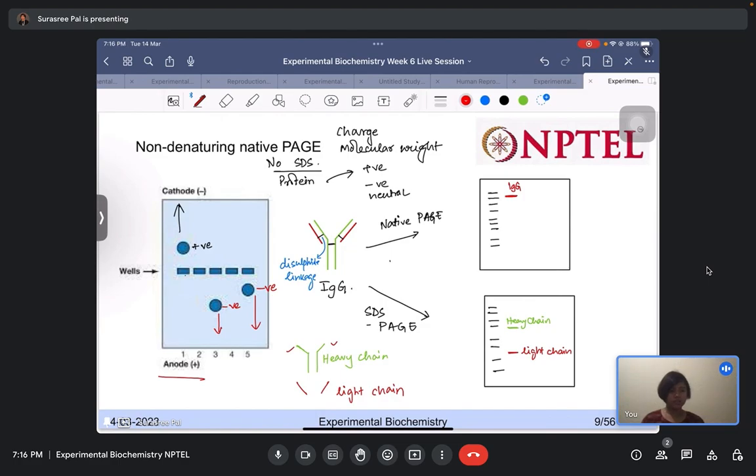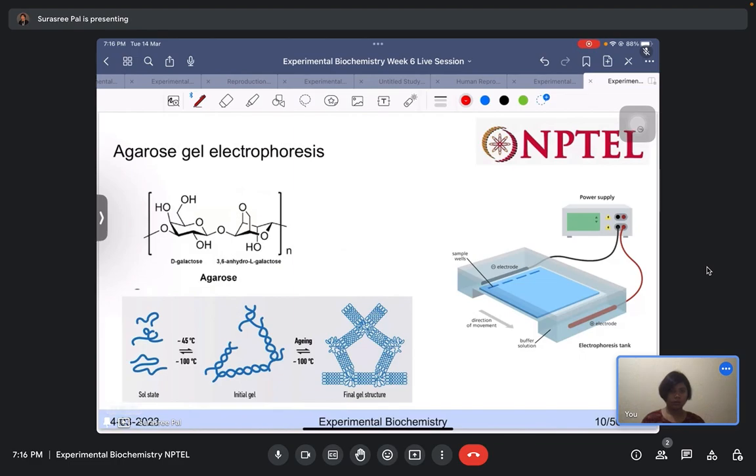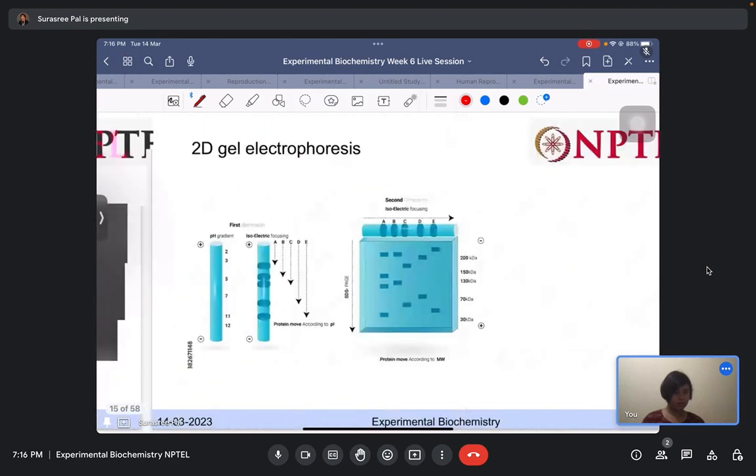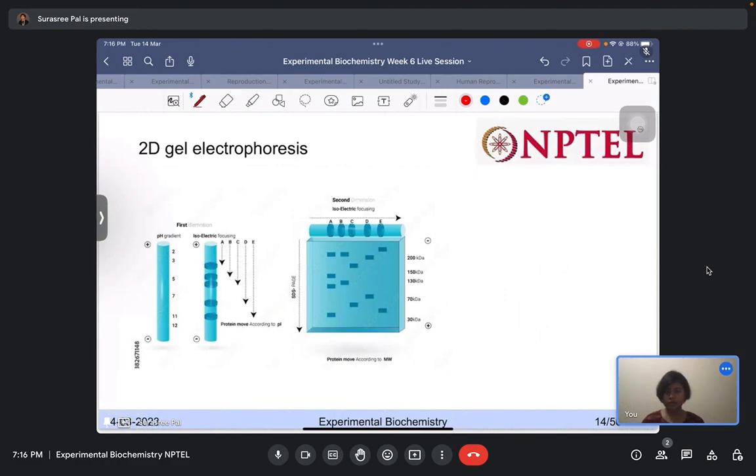Now, in addition to this native page, there is another type of page, which is 2D gel electrophoresis. So 2D gel electrophoresis is basically when there are two dimensions in this. The first one is PI and the second one is molecular weight.